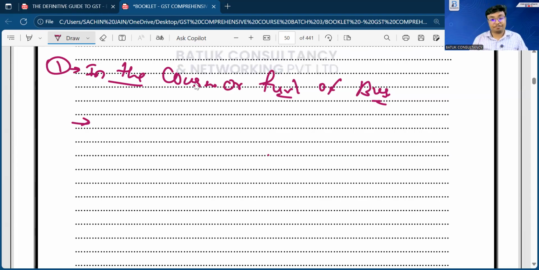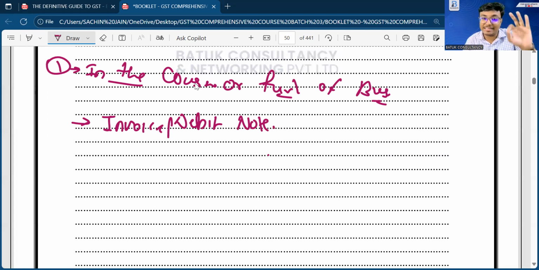First condition: you should have the invoice or debit note. So whenever we are claiming the input tax credit, there is a must requirement, that is invoice or debit note. You cannot say that this invoice is not available with us, the debit note is not available with us.